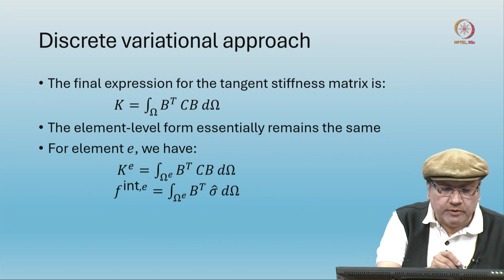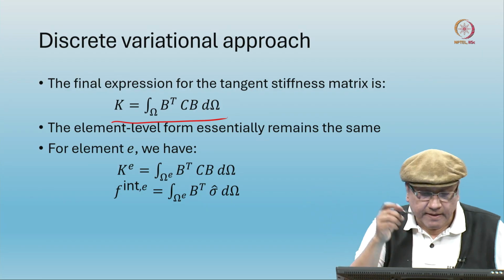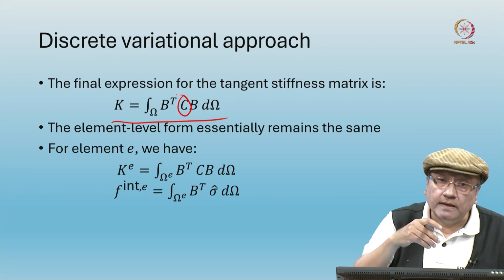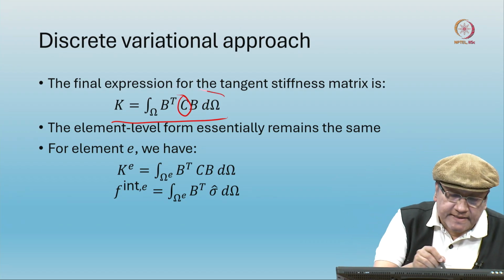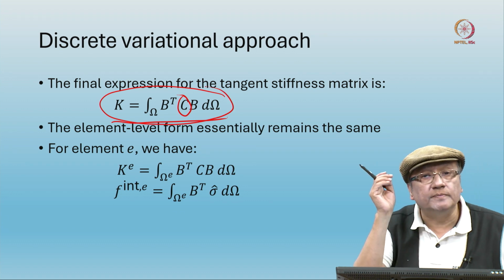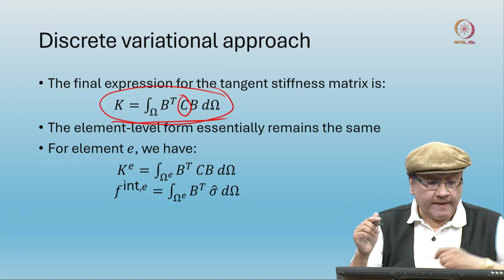So we have this standard relation which is true even for the linear case, except that C is not a function of U for the linear case. So we have this expression for K, integral B transpose C B dΩ.